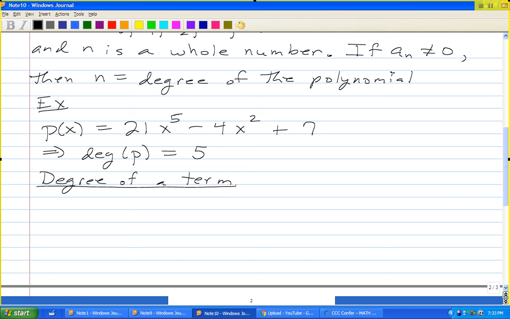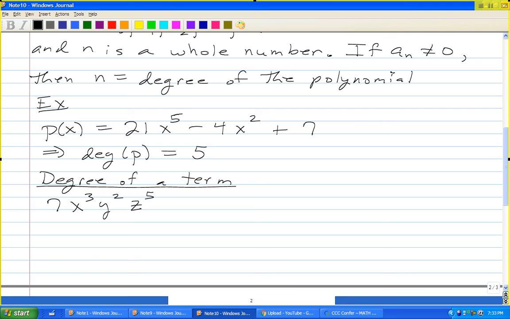So suppose I have 7x cubed y squared z to the fifth. So I have more than one variable. This is a term because it's just a whole bunch of things multiplied together.